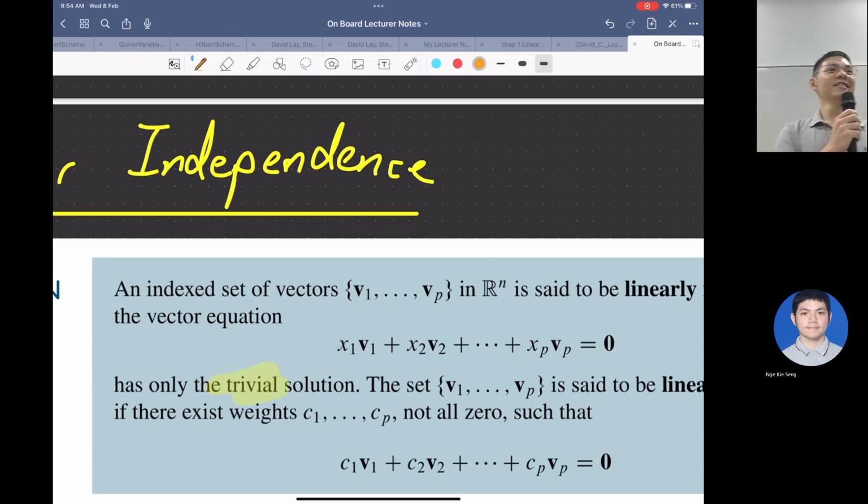Pick one. Before we break. So one, ask me a question, or two, answer what linear independence means.